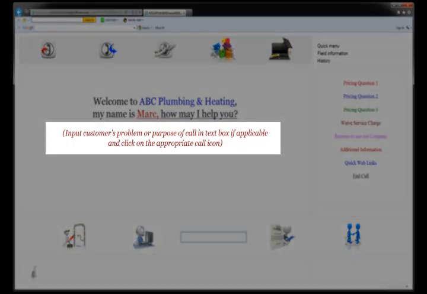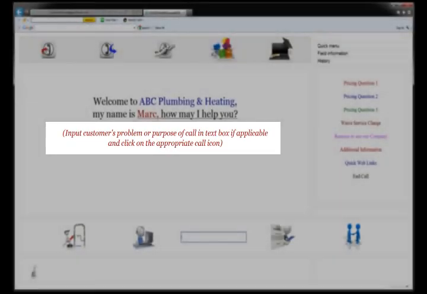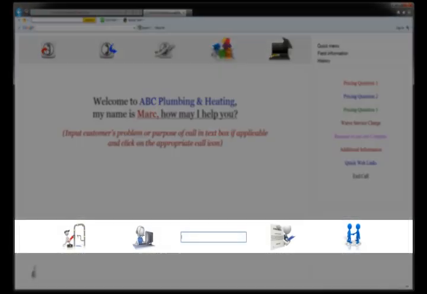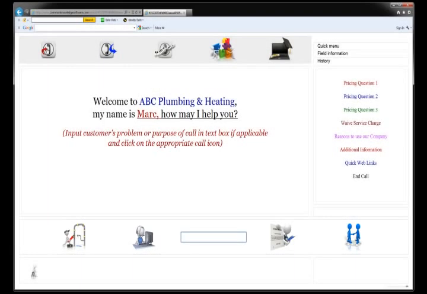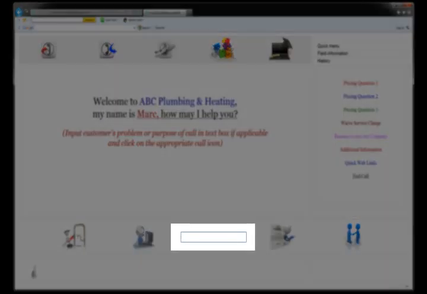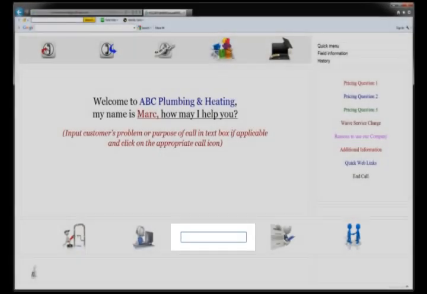Below the greeting are instructions, text not to be repeated to the customer, but designed to guide the CSR along the way. We usually suggest this text be a different font size and color to clearly indicate a direction and not a script. The lower part of the screen represents the choices available to the CSR. In this case, we have a central text box where the specific customer issue or purpose of call can be entered.